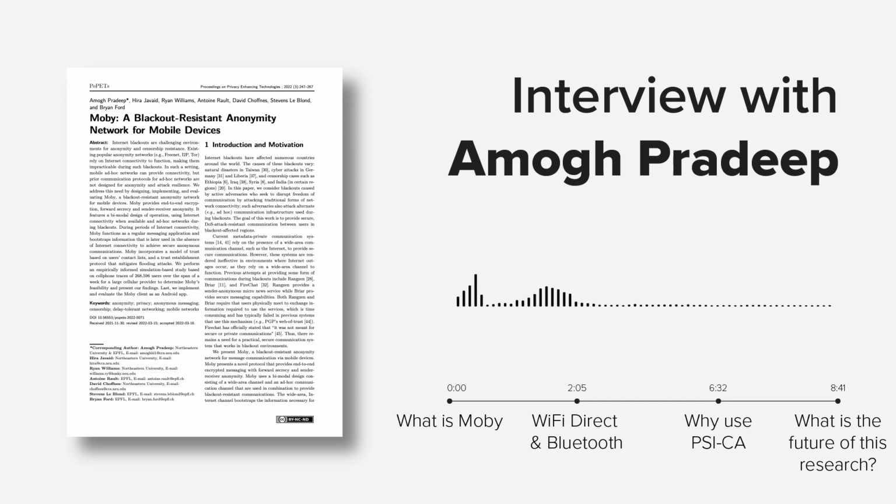Sure. So Moby is a blackout-resistant anonymity tool for mobile devices. Essentially, it's a protocol for people to run on their phones, which uses the internet to establish trust between a couple of users. So people you want to talk to, you do this protocol with them.